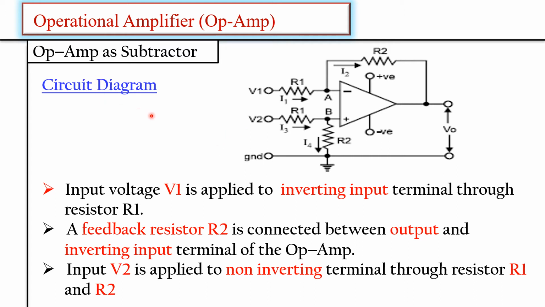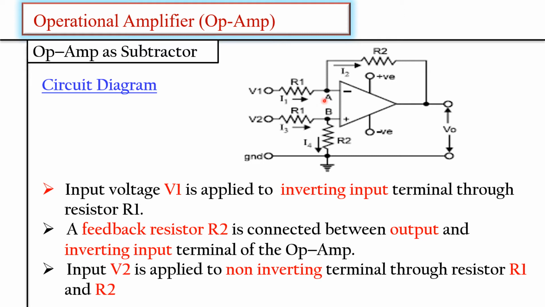So let us see. In the previous lecture we have seen that in the inverting amplifier we applied the input to the inverting terminal and the non-inverting terminal was grounded. In the non-inverting amplifier, we applied the input to the non-inverting terminal through the resistance and we grounded the inverting terminal.